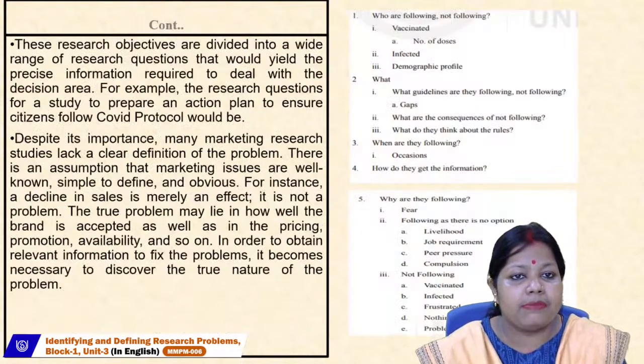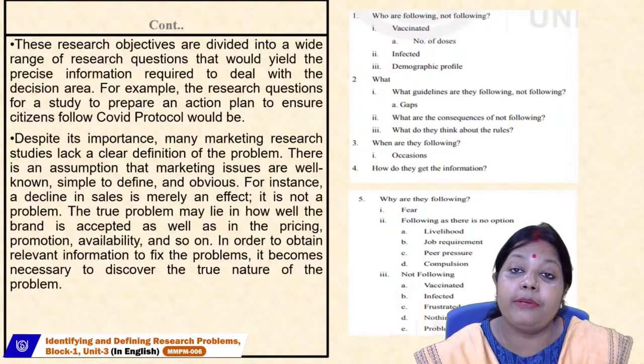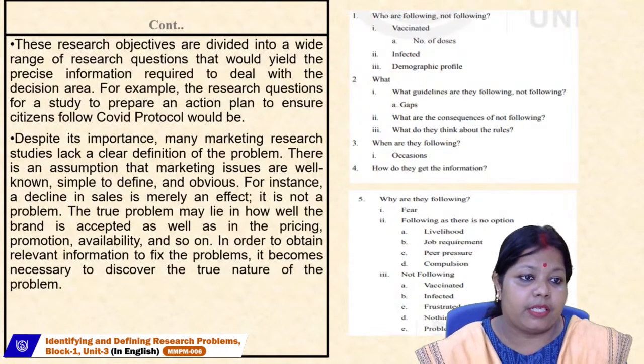The research objectives are divided into a wide range of research questions that would yield the precise information required to deal with the decision area. For example, the research questions for a study to prepare an action plan to ensure citizens follow COVID-19 protocol would be asked.